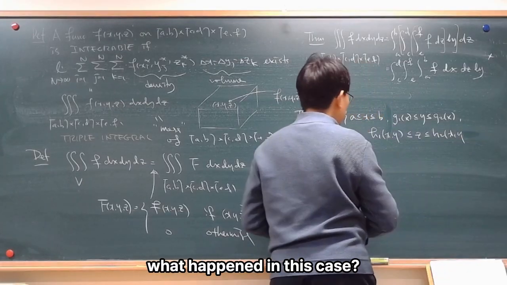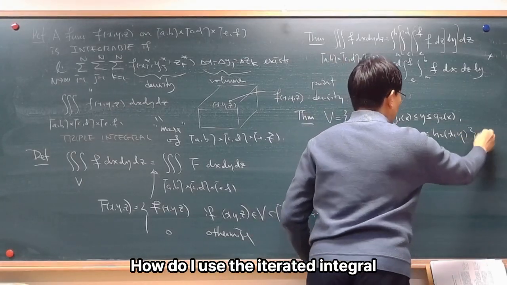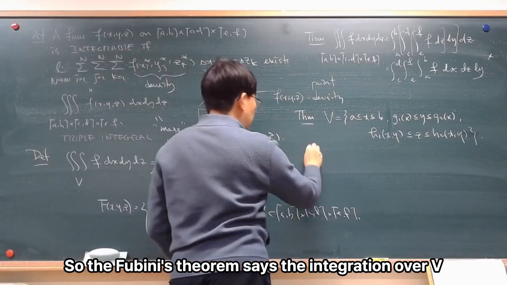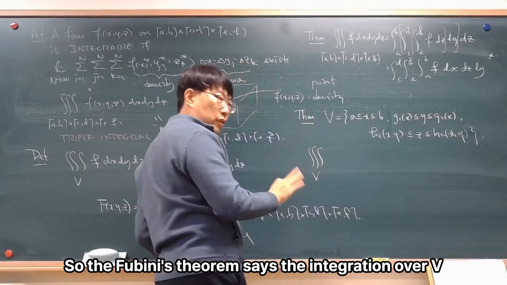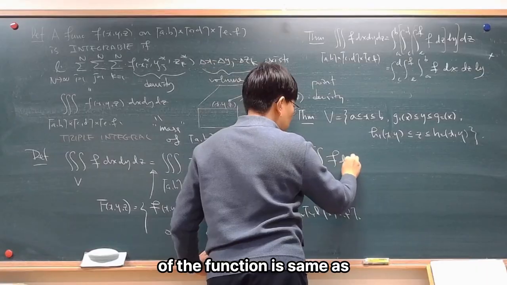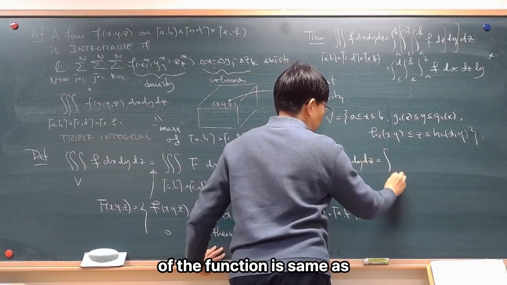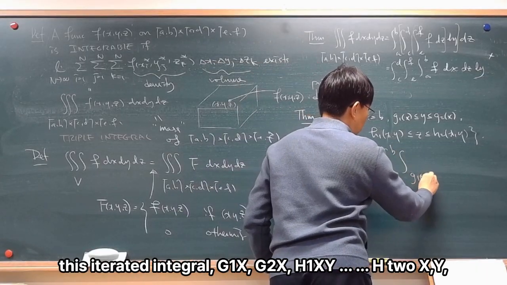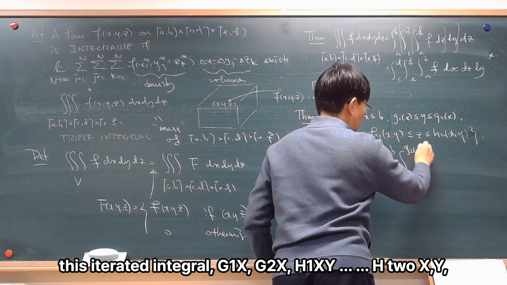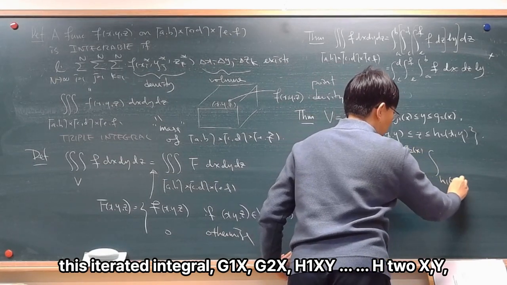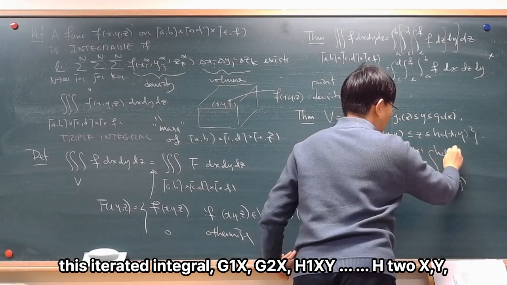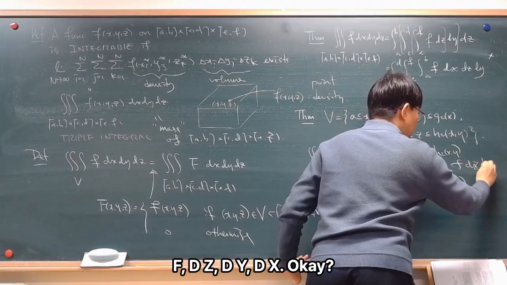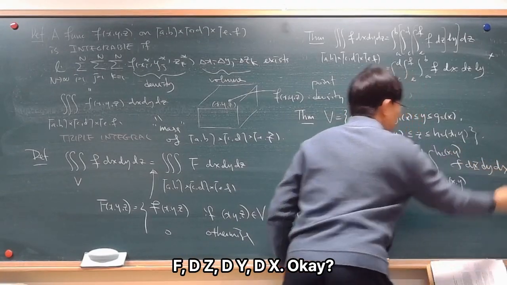So what happens in this case? How do I use the iterated integral to find the triple integral? So the Fubini theorem says the integration over V of the function is the same as this iterated integral: from g1(x) to g2(x), from h1(x,y) to h2(x,y), f dz, dy, dx.